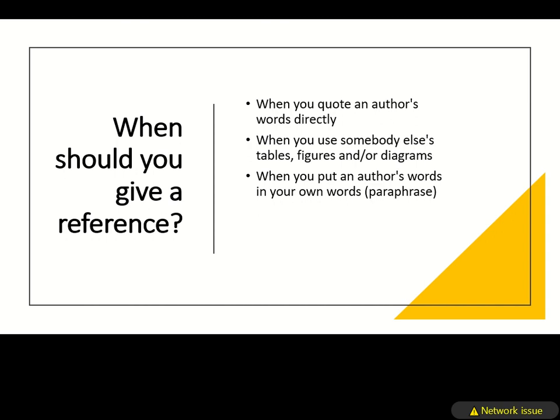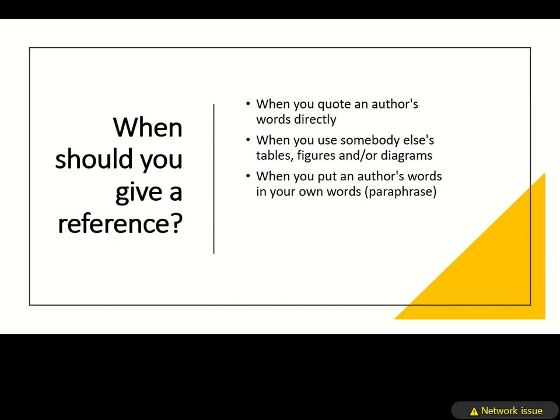When you put an author's words in your own words, we call it paraphrasing. So what is paraphrasing? You found a sentence written somewhere, and then you wrote it in some other manner yourself, but you are saying the same thing.